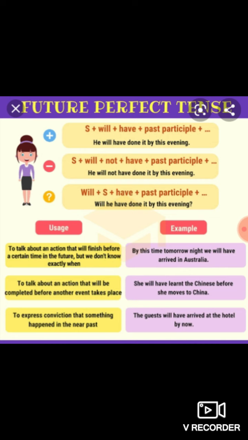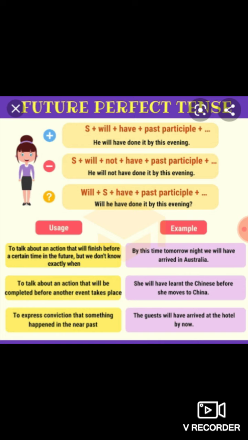Now it's time to discuss the uses of future perfect tense. This tense is used to talk about an action that will finish before a certain time in the future, but we don't know exactly when. The example is in front of you.